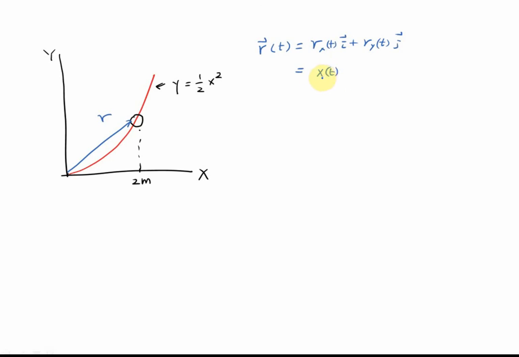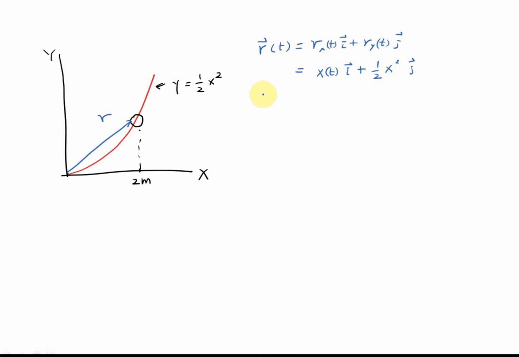But since the motion is restricted by this curved path, once we know x, we know the y component. The y component is 1/2 x squared j, because whatever the x, the y is determined.